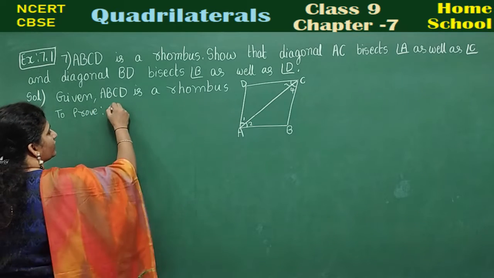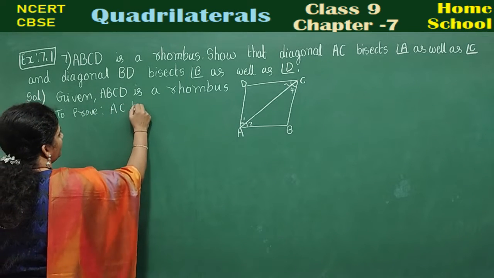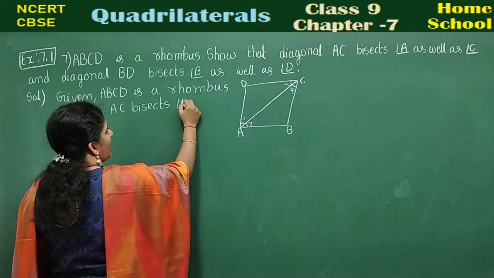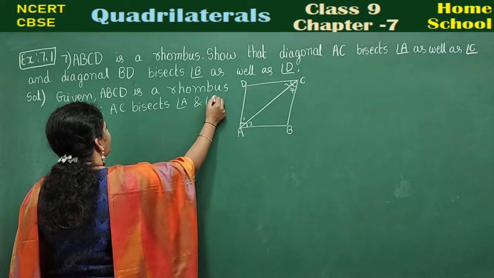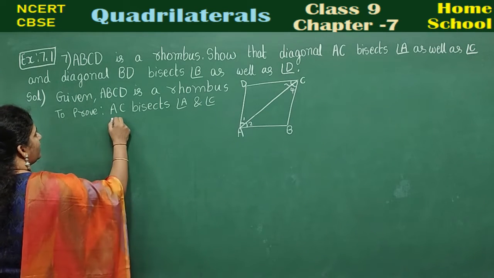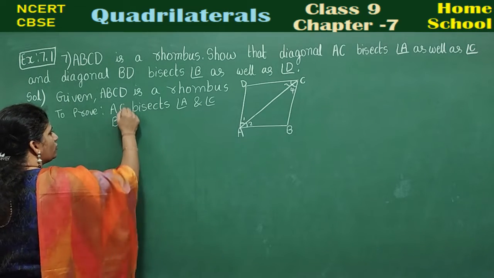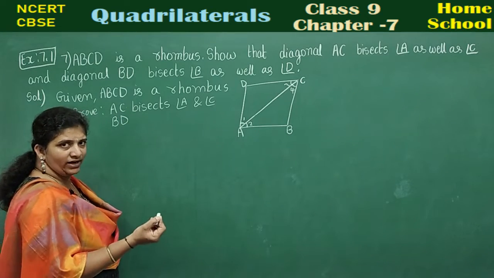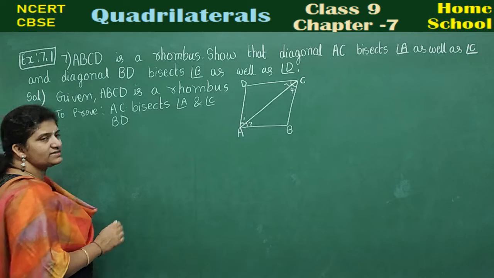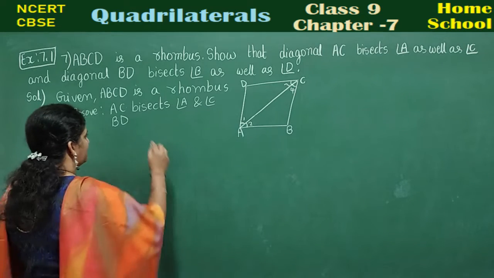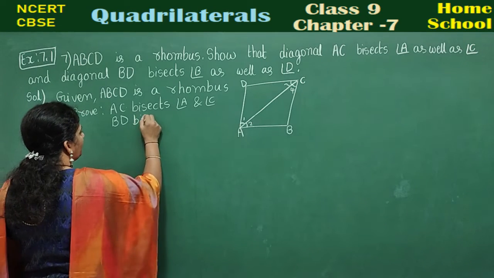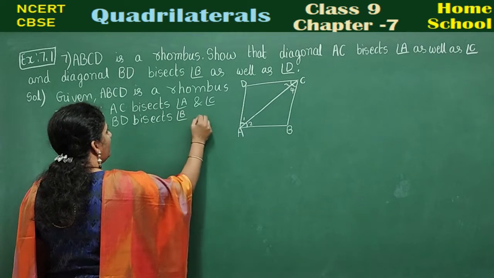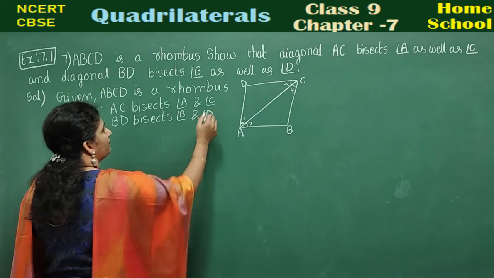To prove: AC bisects angle A and angle C. Next, BD. These two are what? Diagonals. Diagonal AC bisects angle A and angle C you can write. Or simply you can write AC bisects angle A and angle C. BD bisects angle B and angle D. Proof.